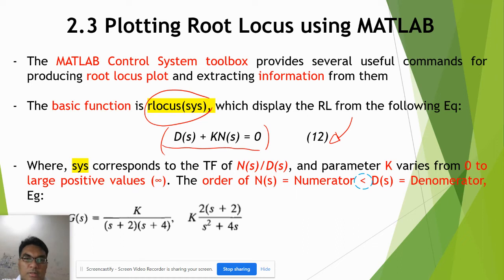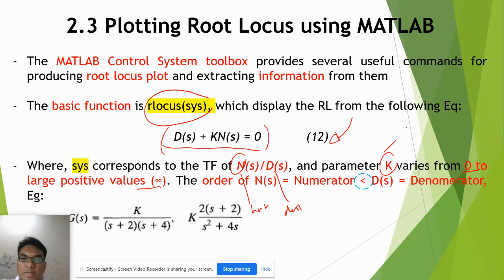This represents the roots, the characteristic equation of the transfer function, where the system corresponds to the transfer function of Ns divided by Ds. This is the numerator and this is the denominator. The k parameter varies from 0 to a large value.